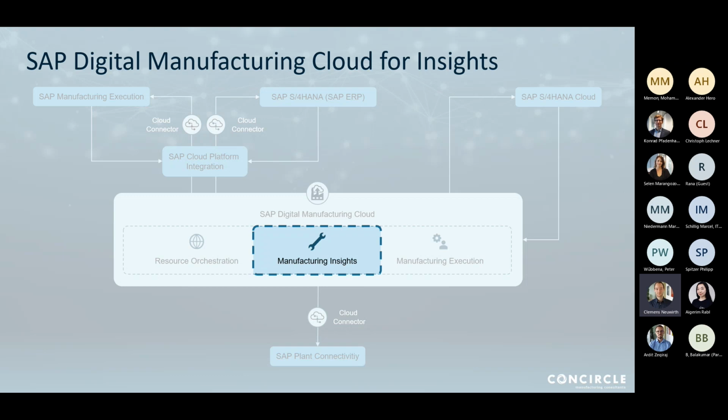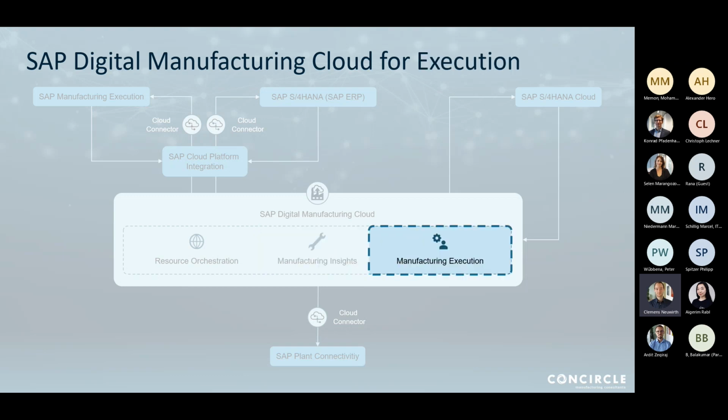And last but not least, we have the SAP Digital Manufacturing Cloud for Execution. It's designed to realize 100% digital production with the aim of increasing quality, ensuring traceability, and managing production in the most efficient way, while supporting various integration scenarios for both the discrete and the process industries.